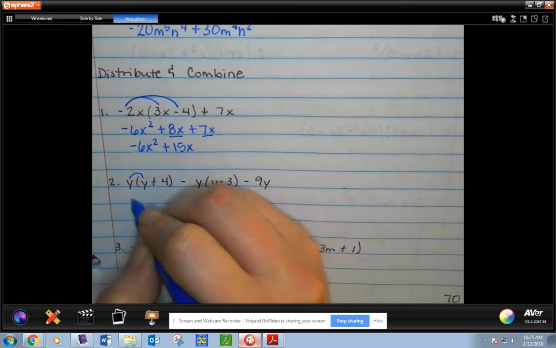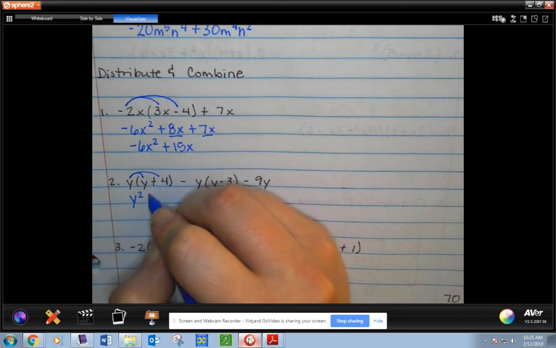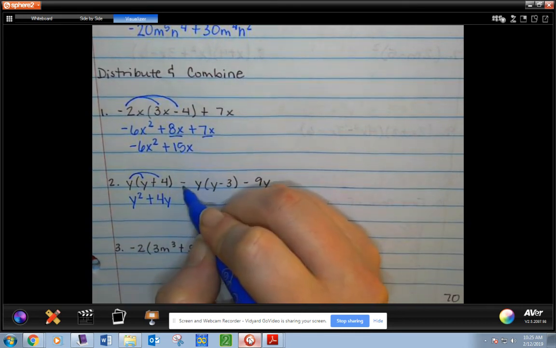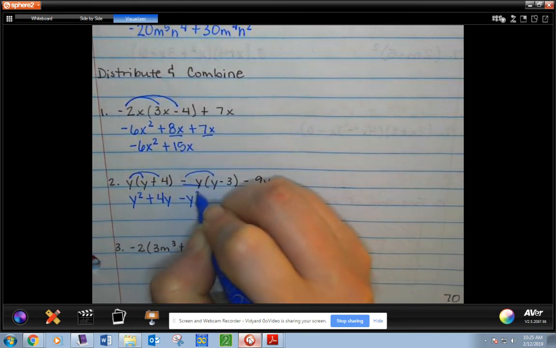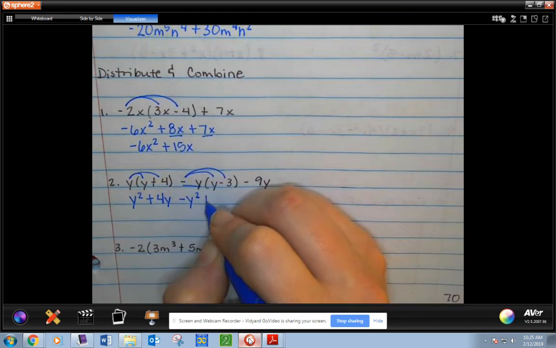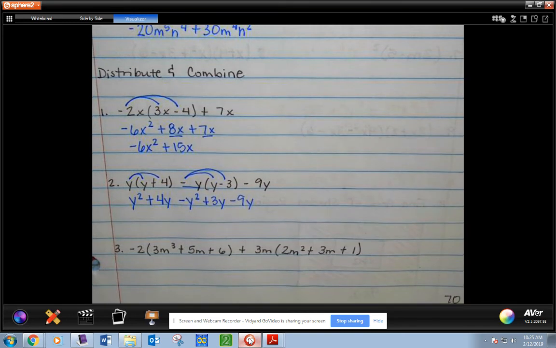For my second problem, I'm not distributing any coefficients, but I do have letters. So a y times a y, that's y squared, because 1 plus 1. A y times a 4 is a 4y. Be careful here. This is a negative y, so a negative y times a y is a negative y squared. And a negative y times a negative 3 is a positive 3y. And then the minus 9y just gets brought down.